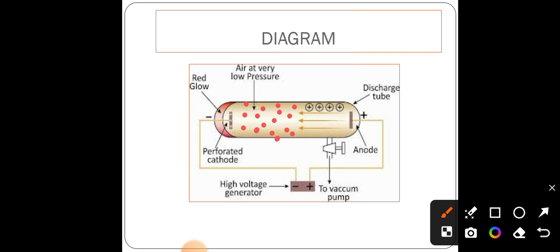That's why we say the mass of the proton is dependent on the gas taken in the discharge tube. Subsequently many experiments were done with helium, nitrogen, and many other gases. So it's very clear that in the canal rays experiment, the mass of the particle depends on the gas taken inside the discharge tube.